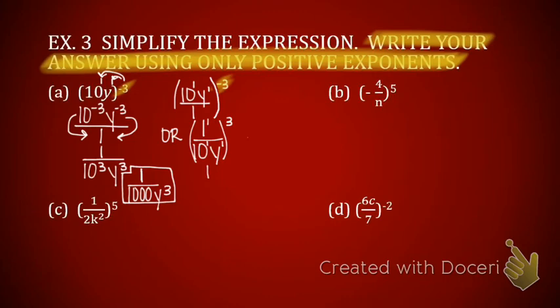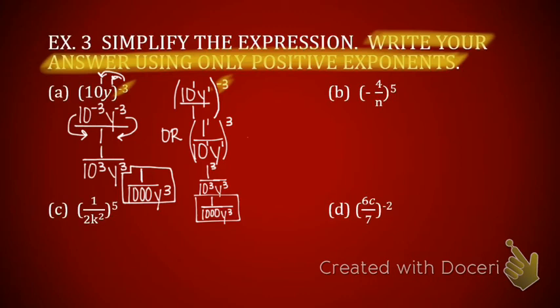So that becomes 1 to the what power? 3rd power over 10 to the 3rd, y to the 3rd, and then we just do our math. 1 to the 3rd power is 1. 10 to the 3rd power, we already know, is 1,000. And of course, y to the 3rd stays y to the 3rd. So did we get the exact same answer? Yes, we did.